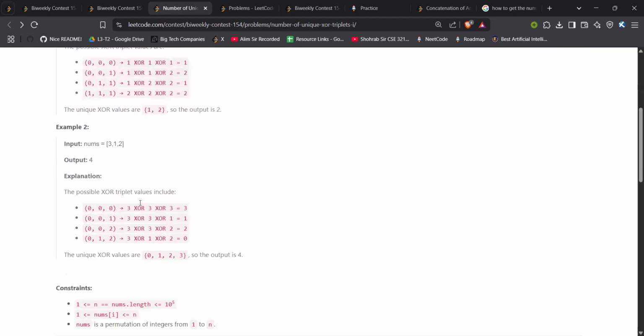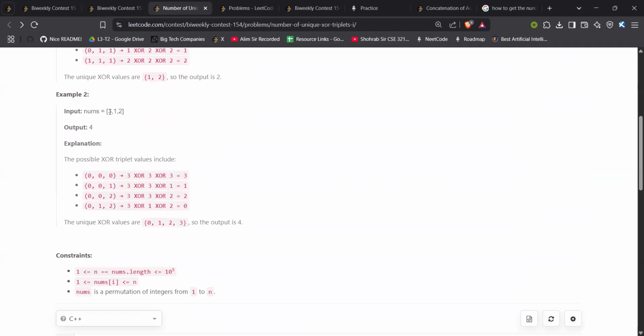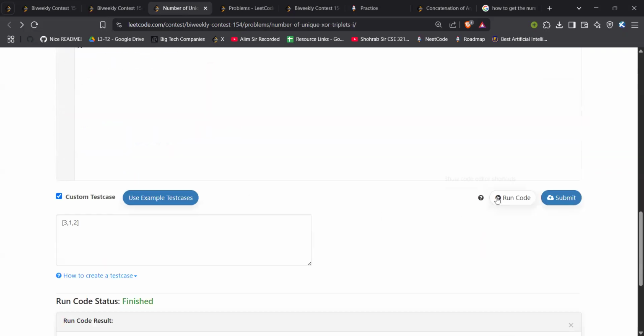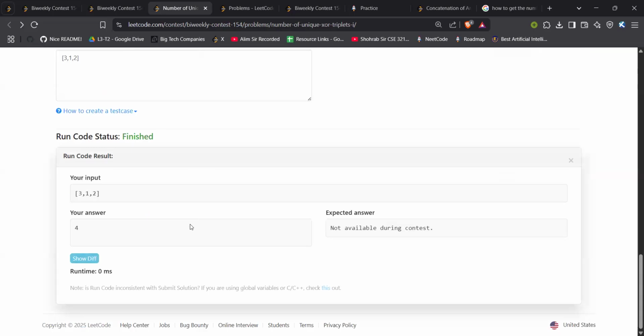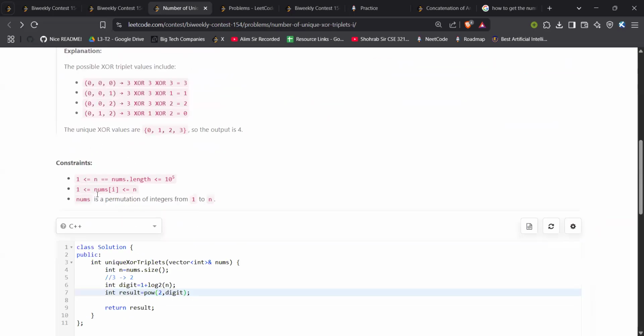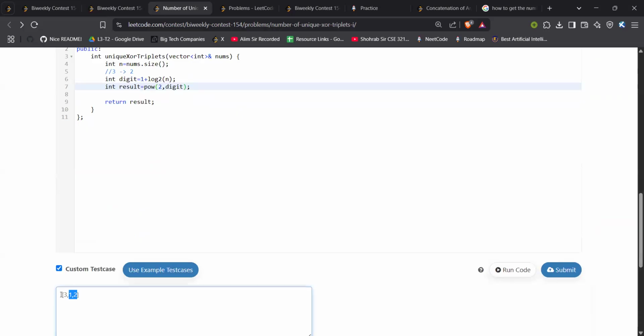For example, 3, 1, 2, there's 3 digits or 3. So log 2 of 3 is going to be 1, 1 plus 1 plus 2, I think. Yeah, but it should be digit. That is a very silly mistake.